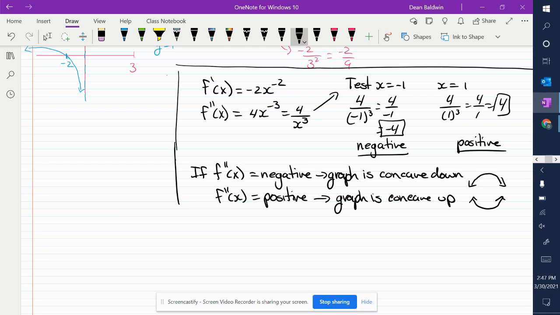The f double prime, you mean? Yeah. You test a point on your intervals.